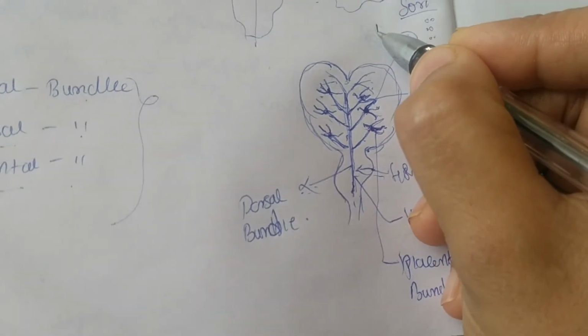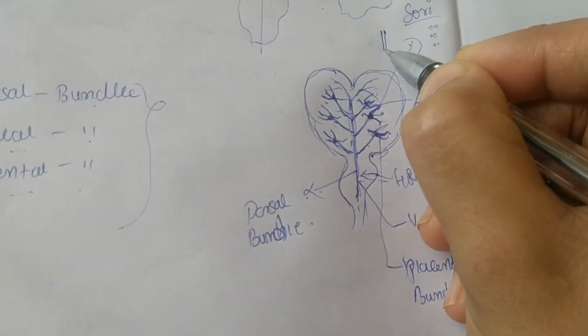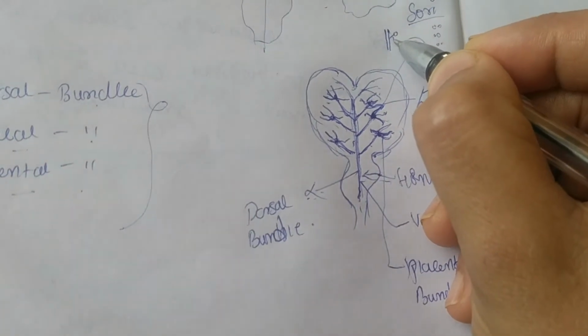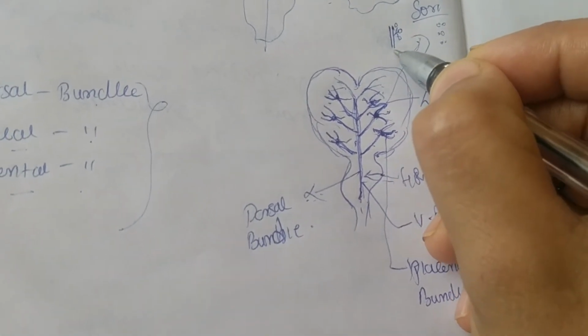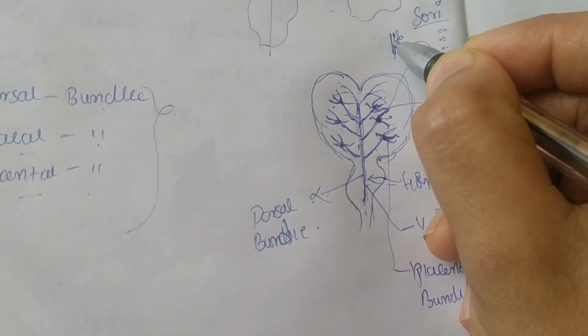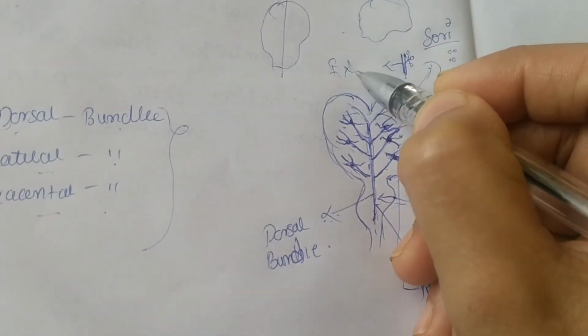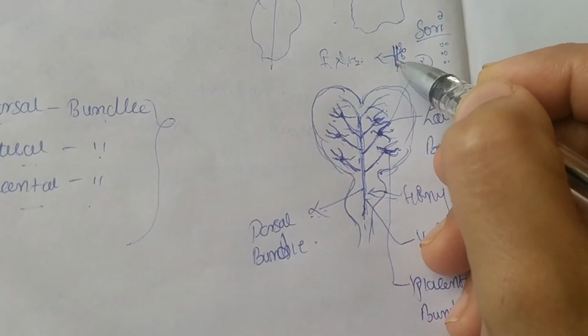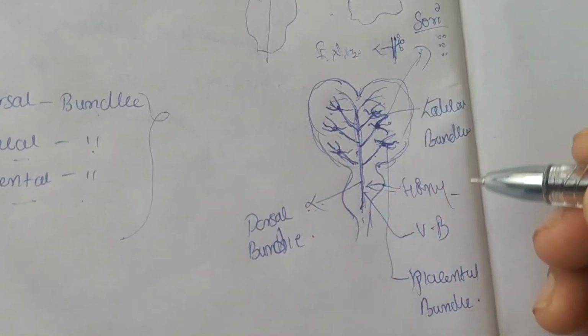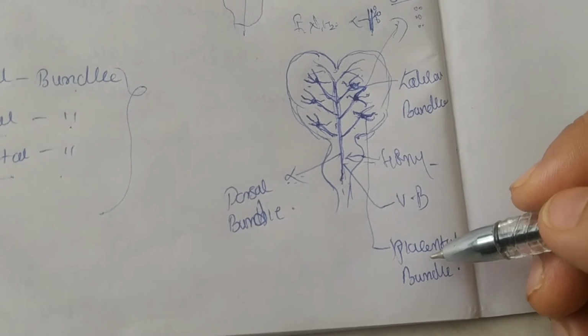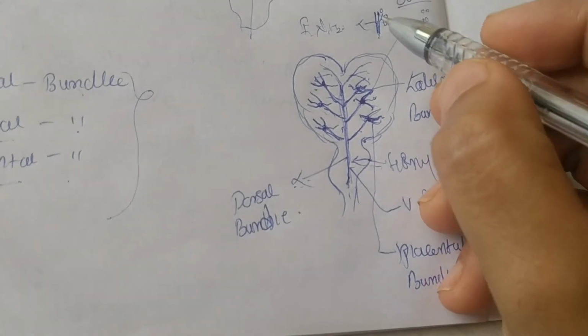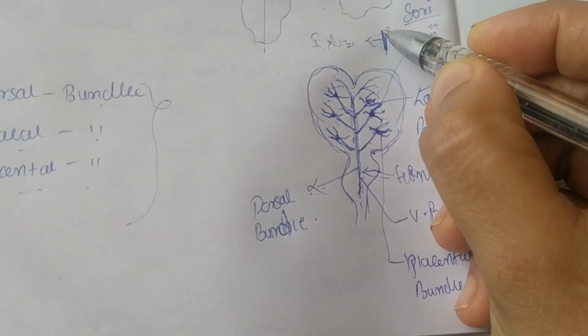They have a receptacle. On this receptacle, what is present is spores. Now to these receptacles there must be a supply of food as well as nutrients and water. This supply is done by these placental bundles, that is ventral as well as dorsal. These are going to enter these receptacles.